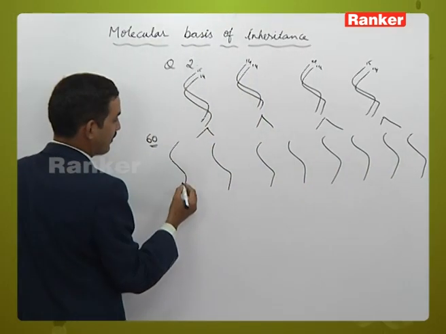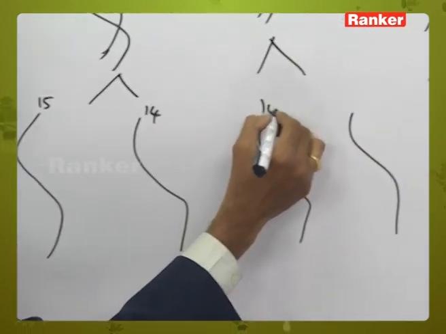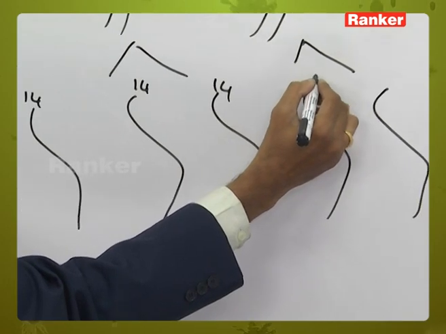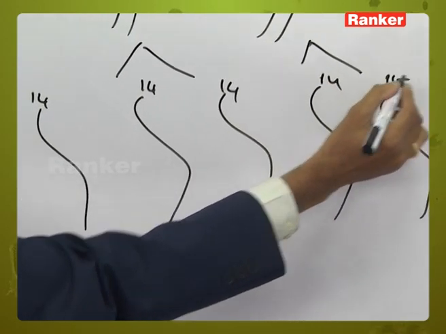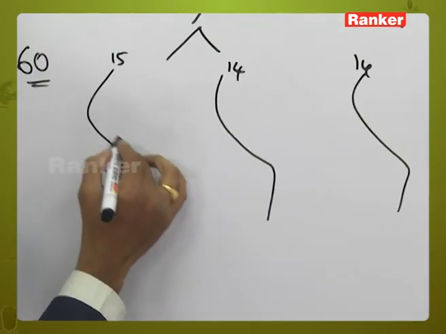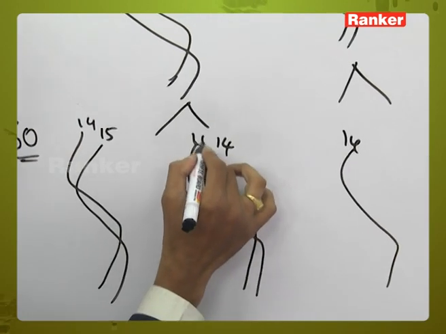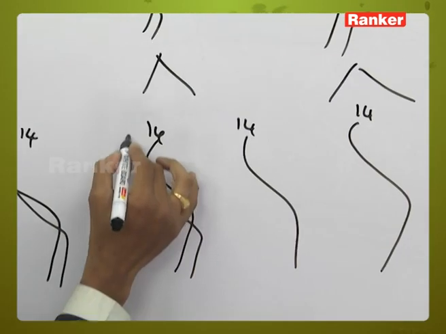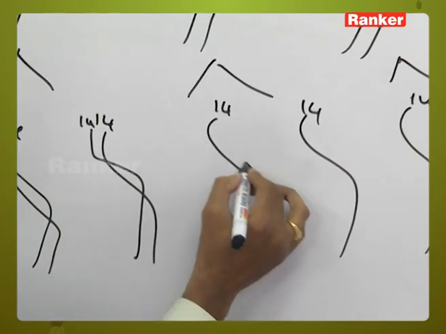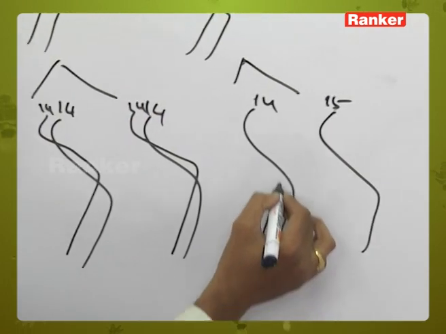Here it is already a 15 strand, 14 strand, 14, 14, 14, 14 and this is a 15 strand. Now each of them synthesizes a new strand which is 14. Each of them is synthesizing a new strand of 14 type only, because they are kept in an N14 medium.